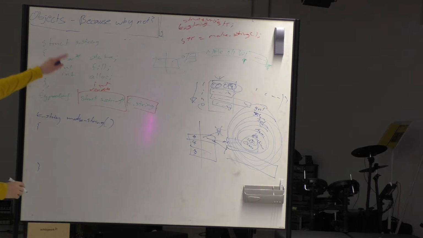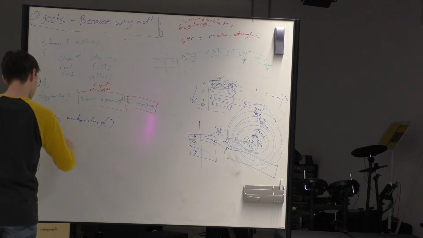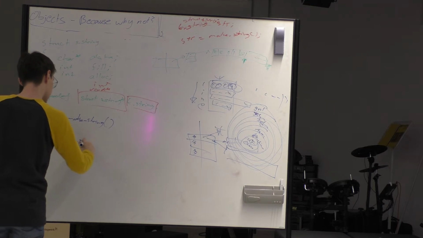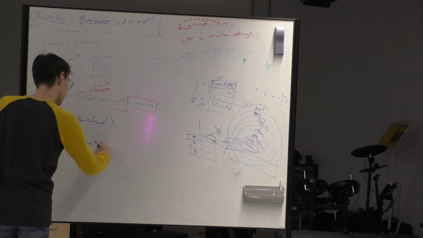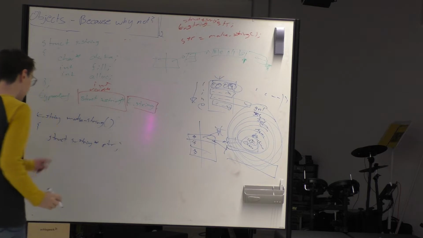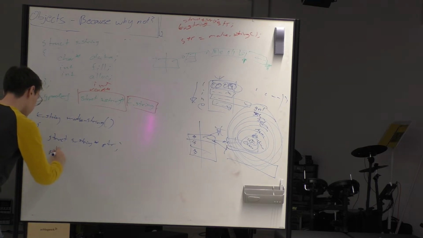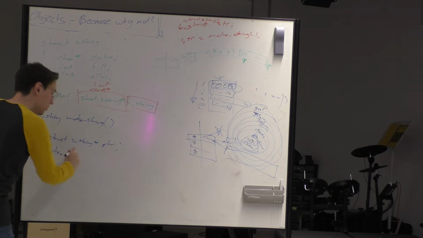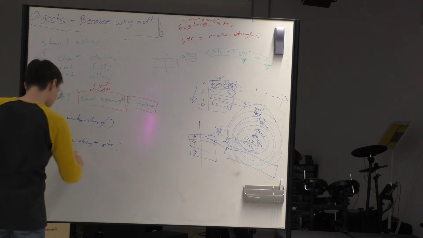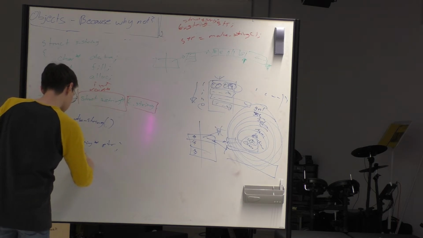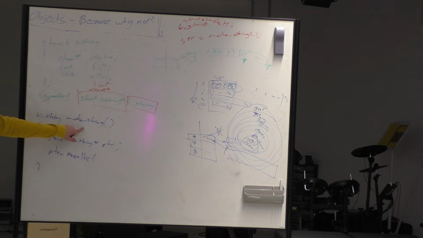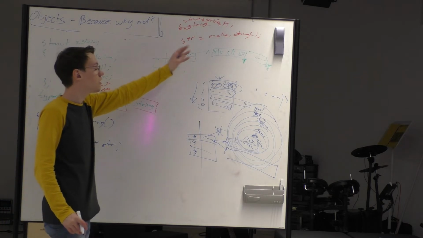Then I can say, well, it's a struct s string pointer, ptr. Then I can say, okay, ptr equals malloc. Yes, we need malloc sometimes. But this is hidden to the user. They don't care. We don't even have to use malloc.